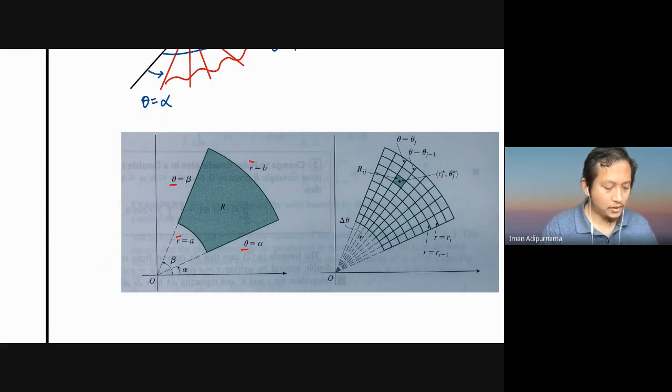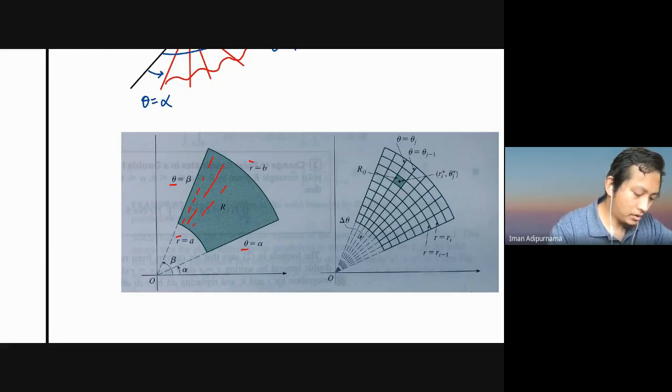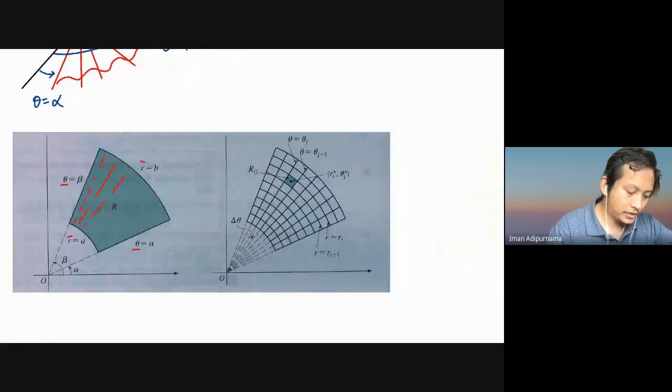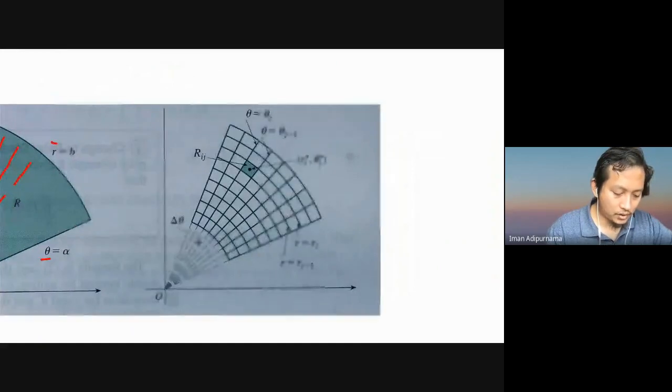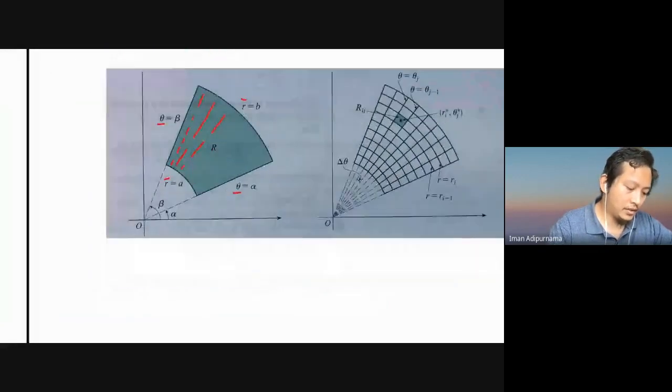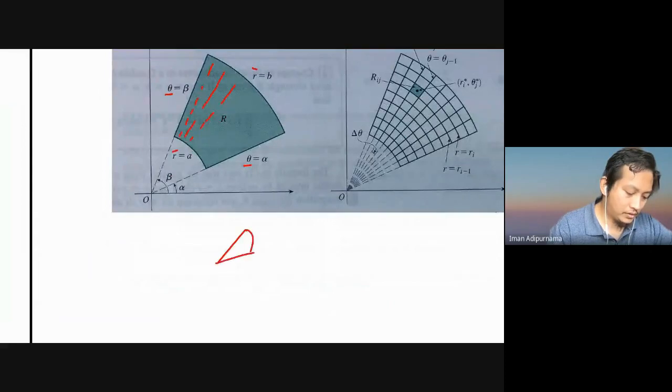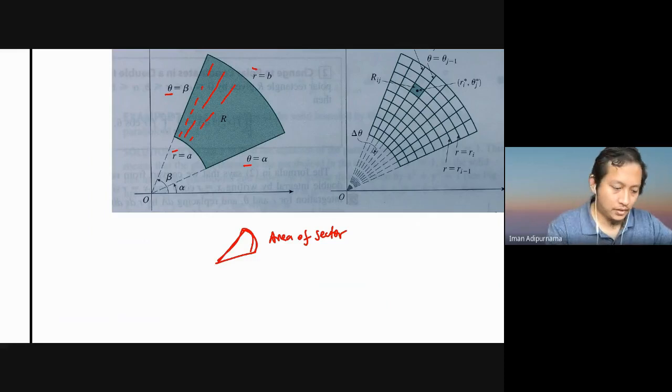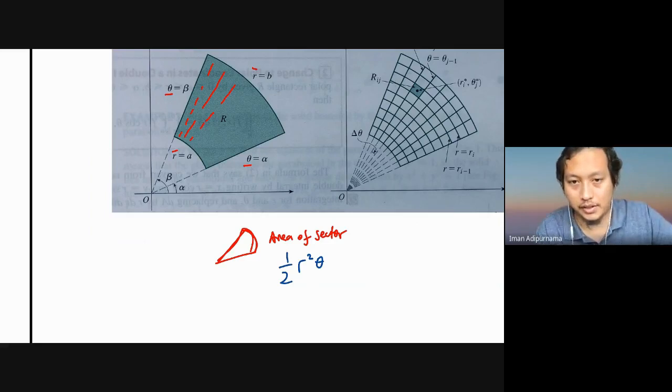And if you take some cuts from all this r, we will have something similar to what we have done with the rectangle, right? But now we have what is called the sector. So, the area of a sector. Remember that the area of a sector is half r squared theta. We have done this in chapter 10, right?